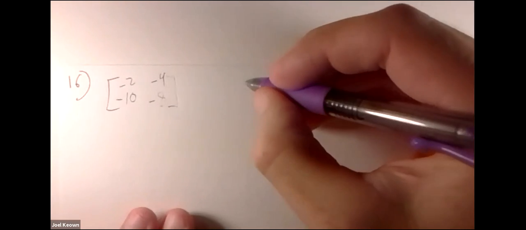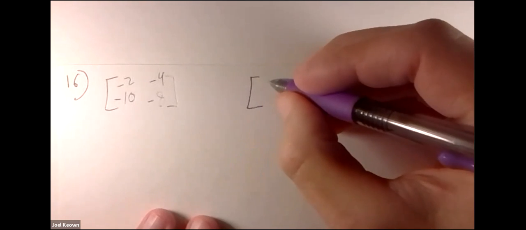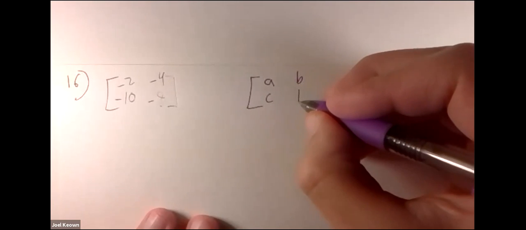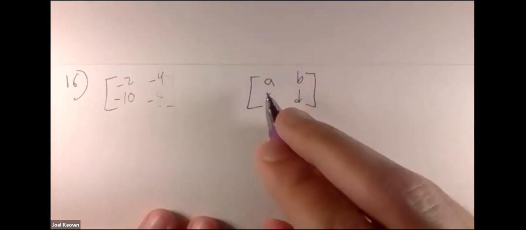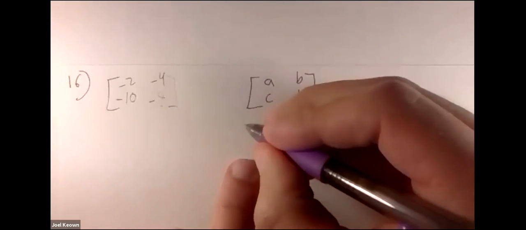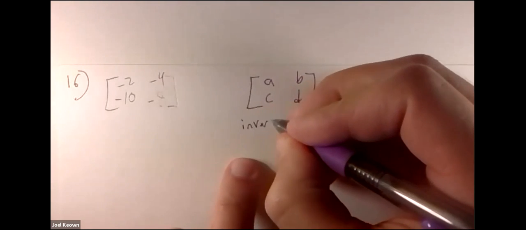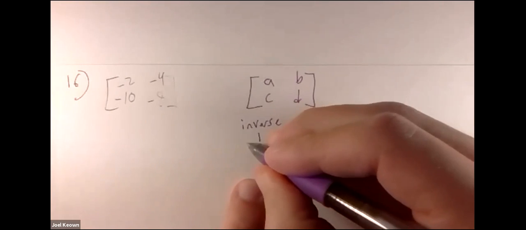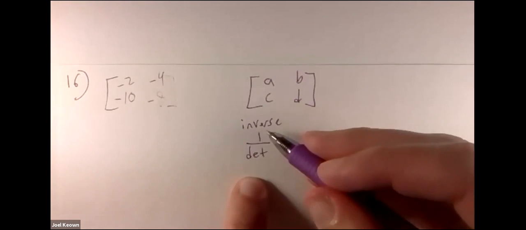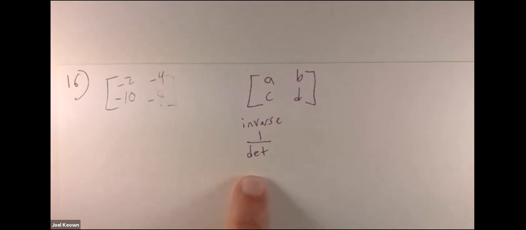All right, so in general, my formula is if I have A, B, C, D. All right, so there's my function I have. My inverse is 1 over DET, meaning the reciprocal of the determinant.